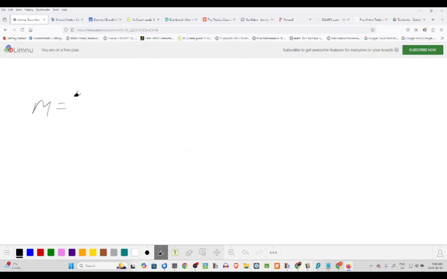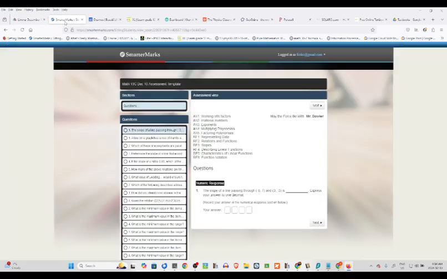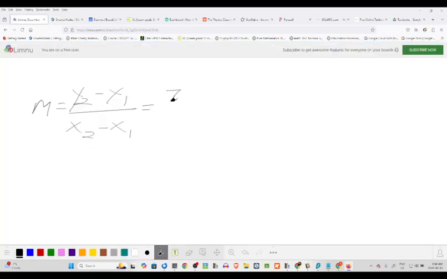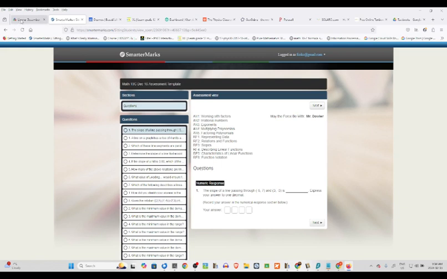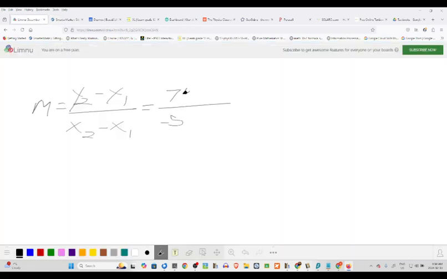So the slope is y2 minus y1 over x2 minus x1. In this case, let's make the -5, 7 point 2, and that makes 0.1 our 3, -3.